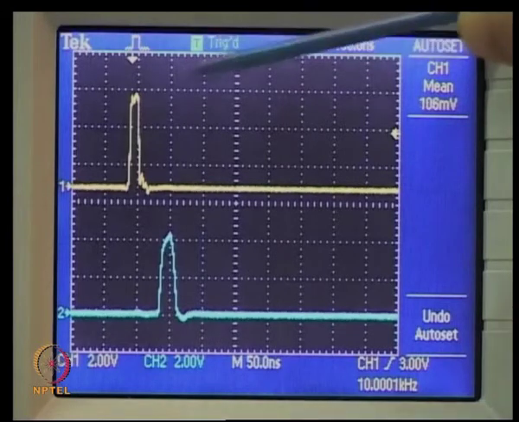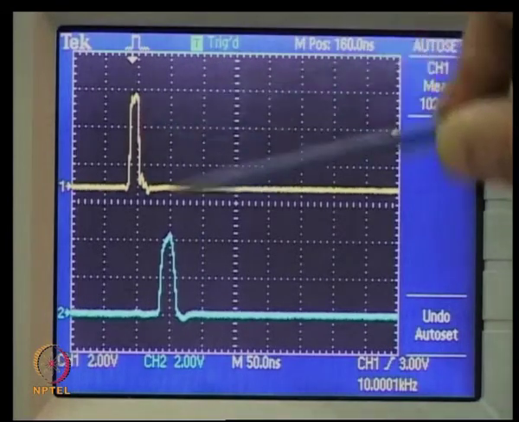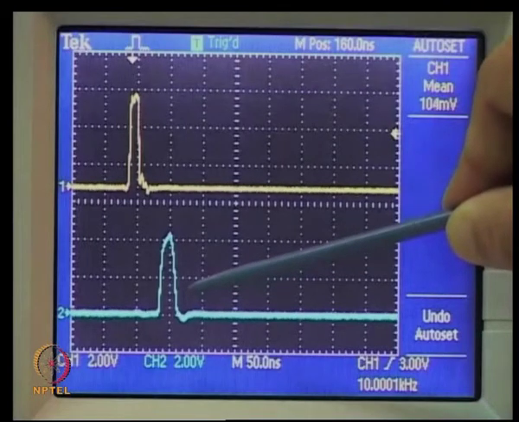So you can see the first peak on channel 2. It is a bit elongated as compared to that of channel 1.